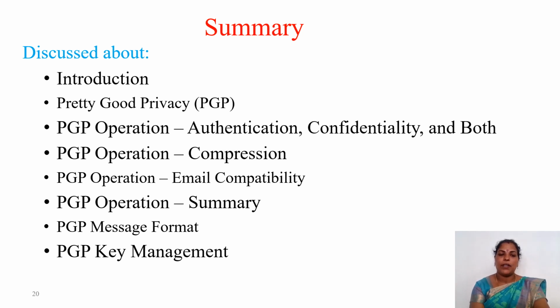Then the message format and key management. Here we have seen public keys, private keys, session keys, and the key ring concept as well. So we have seen how all the keys are managed in Pretty Good Privacy.